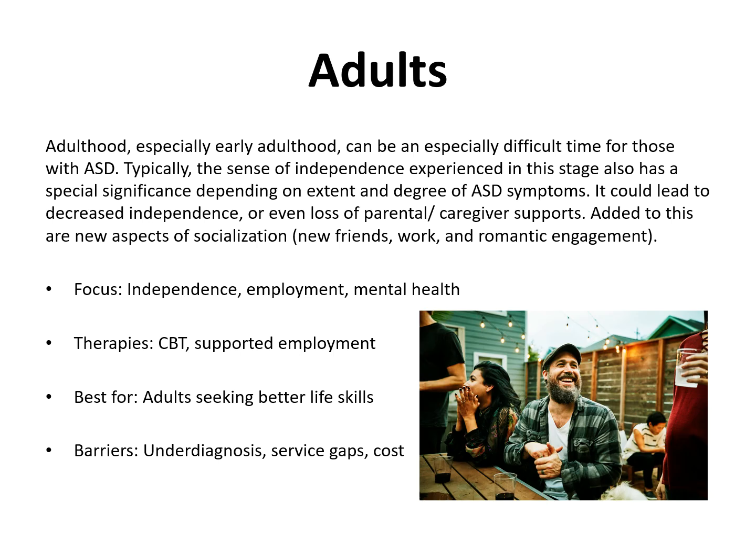Now, this is notwithstanding the idea that maybe somebody wasn't diagnosed in childhood or adolescence, and there certainly are plenty of adults who get diagnosed as adults for the first time. But there's also a change in what components exist, what autism looks like and how it's different in adulthood, especially early adulthood, than in adolescence or childhood. So this can be an especially difficult time for those with autism.